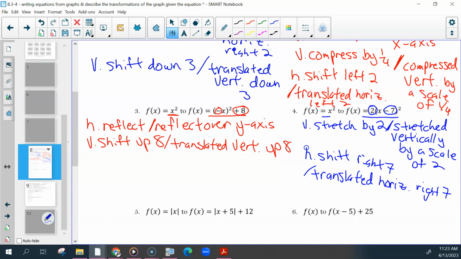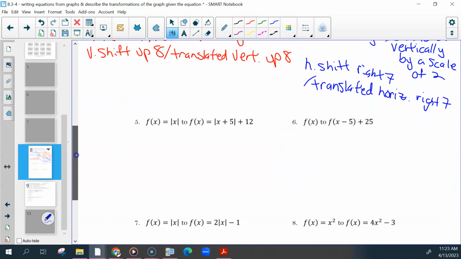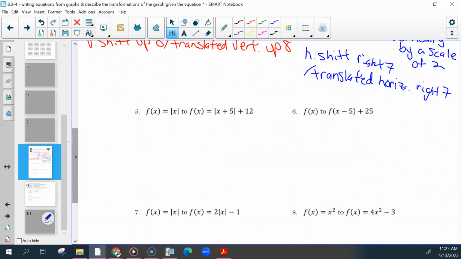Are there any others on this page we want to see, go over, have questions about? So 6 is very much like the first one we did, where it just has f of x. It's just talking about the function in general. So what changed? What's different between the two?